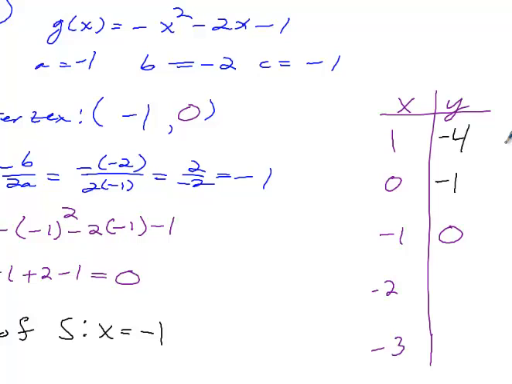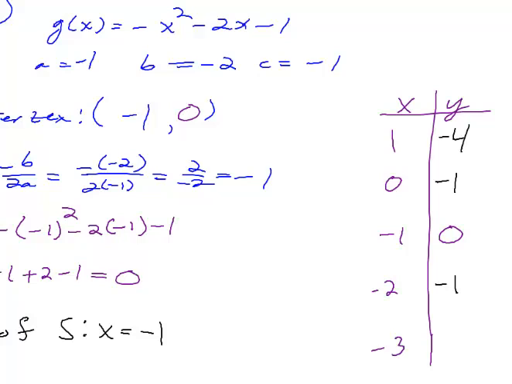All right, plug in -2. What's -2 squared? 4, so I get -4 out of the first piece. What's -2 times -2? +4, right? What's -4 plus 4? 0. What's 0 minus 1? -1. Plug in -3.